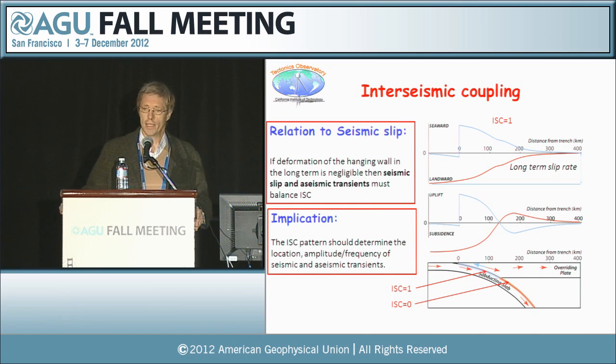So if in the long term there is no inelastic deformation of the overriding plate, the cumulative effect of all the earthquakes must balance the interseismic strain. And so in principle, from measuring the interseismic coupling, you might be able to say something about the probability and the size of earthquakes that need to balance this interseismic coupling.